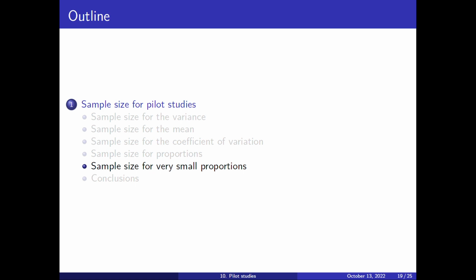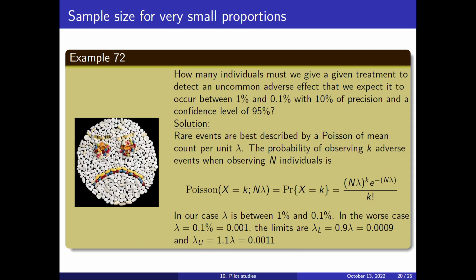So let's say that you are working with vaccines where the number of infected animals can be very small, or for instance adverse effects. So you want to conduct a pilot study to determine whether an uncommon adverse effect that will occur between 1% and 0.1% of the population, and you want to have this precision of 10% with a confidence level of 95%.